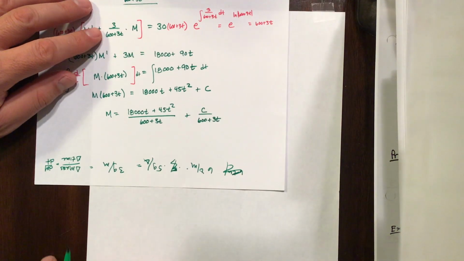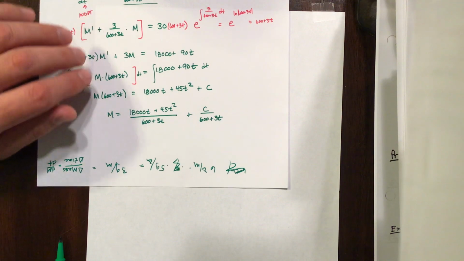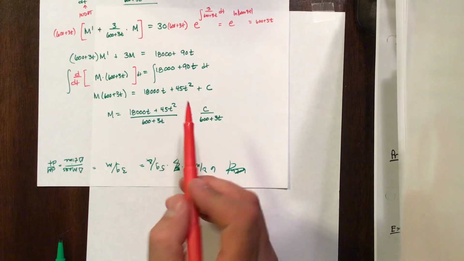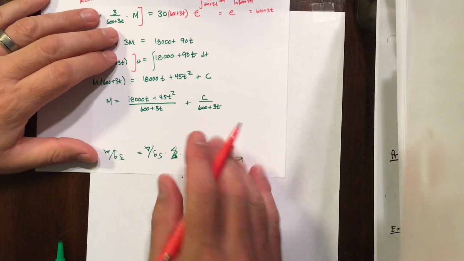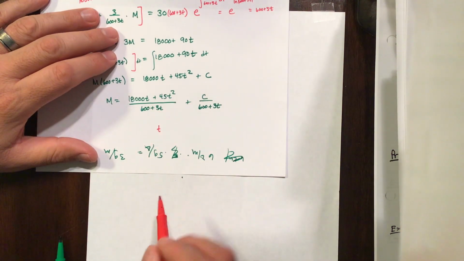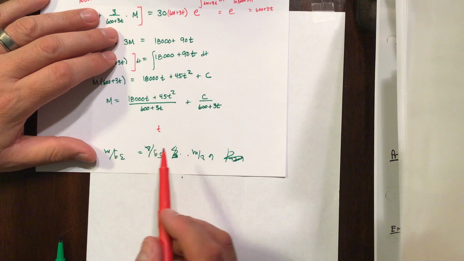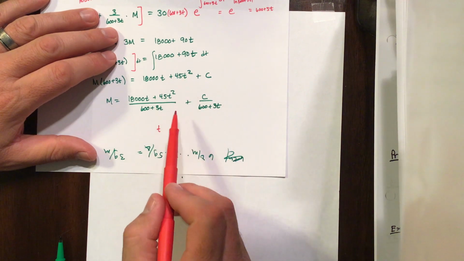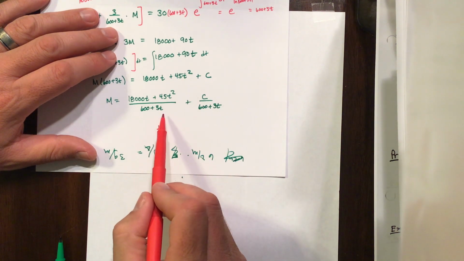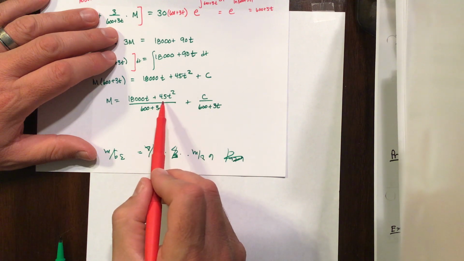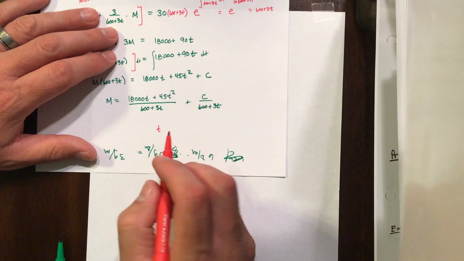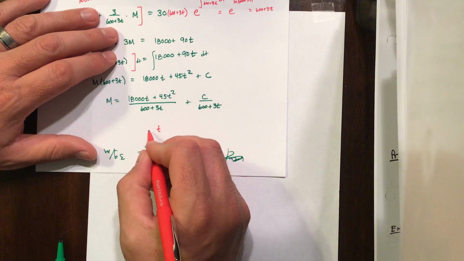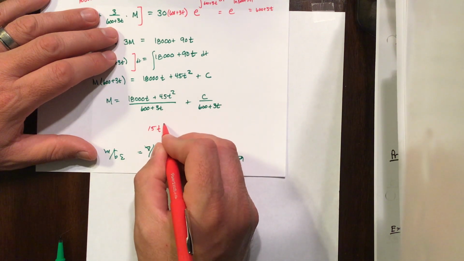Okay, and maybe we should look into that just a little bit. There's a common factor of t in the numerator. Pull that out. If there were going to be any cancellation, you'd want it to cancel with 600 plus 3t. So that means I can take a 15t out of 45t squared and be left with a 3t. So let's see if I can pull 15t out of something.